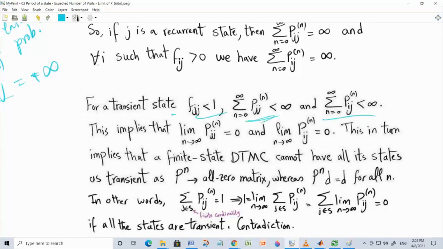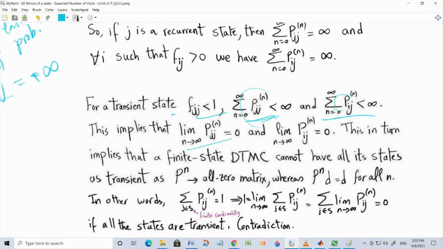Now, if you have a summation like this that is finite, then we know from the rules that the nth term should tend to 0 as n goes to infinity. Okay, so if those are convergent, then the limit as n goes to infinity of pjj of n is 0, and the limit as n goes to infinity of pij of n is equal to 0.